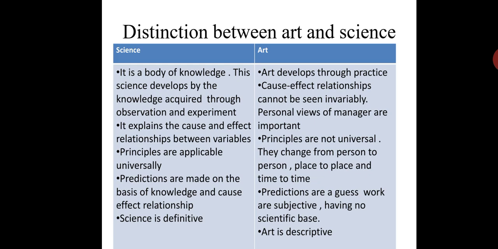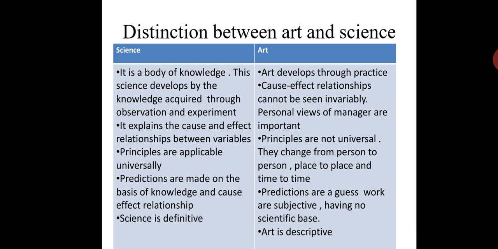You understand the thoughts, you feel the emotions of the words, you imagine the situation that is written in the poem or in the story. Okay, it is descriptive. Everyone has a different angle to view that thing. But science is definitive. If you boil the water, it is going to be hot. When water is boiling, everyone is going to feel that heat. Okay, so science is definitive, while art is descriptive.